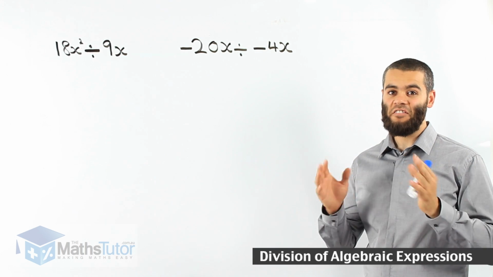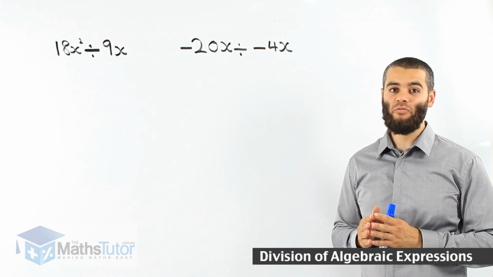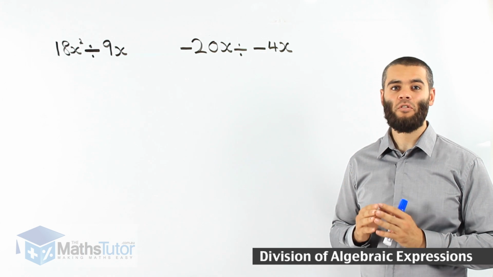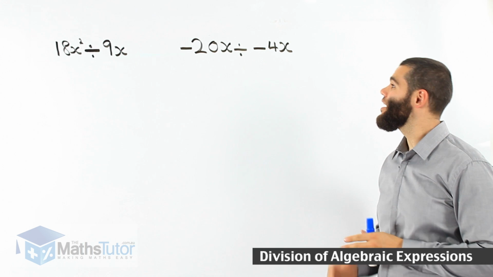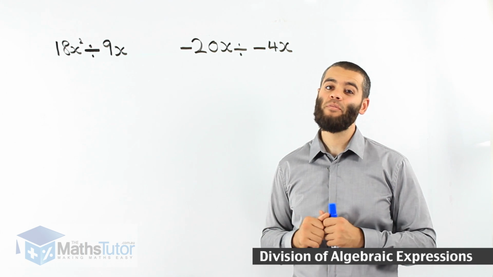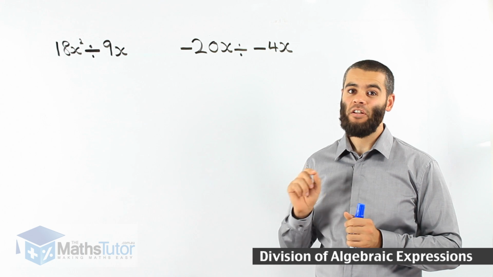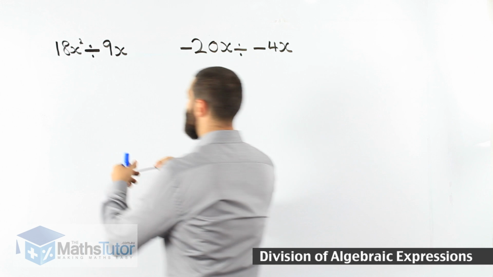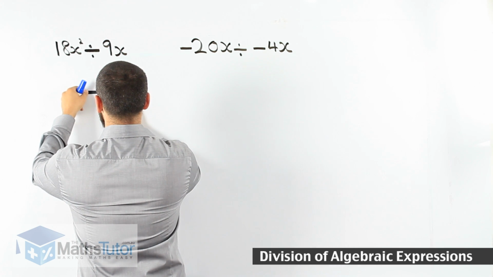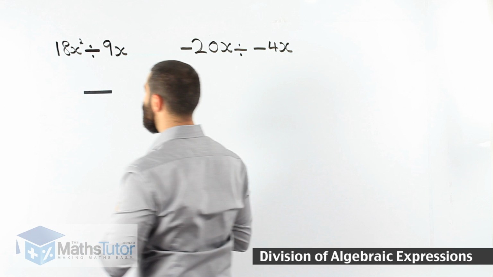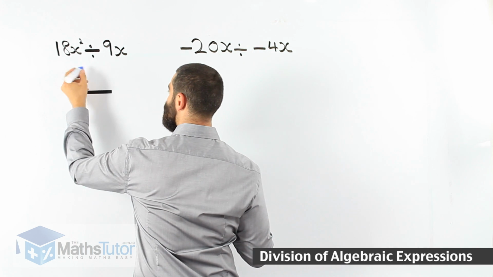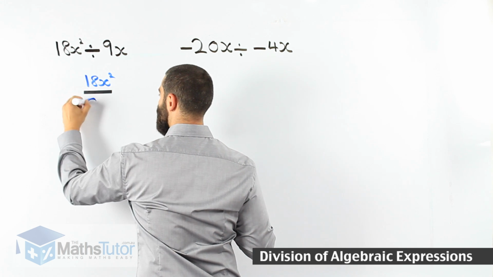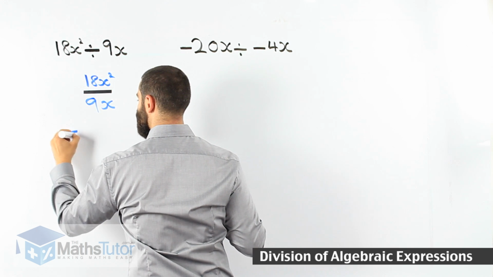Once again, let's do more examples. The more examples I do for you, the better you're going to understand and the easier things are going to become for you. Here we have 18x squared divided by 9x. Again, divide means fraction. Always write it in fraction. So we draw our fraction bar. 18x squared is our numerator, and 9x is our denominator.